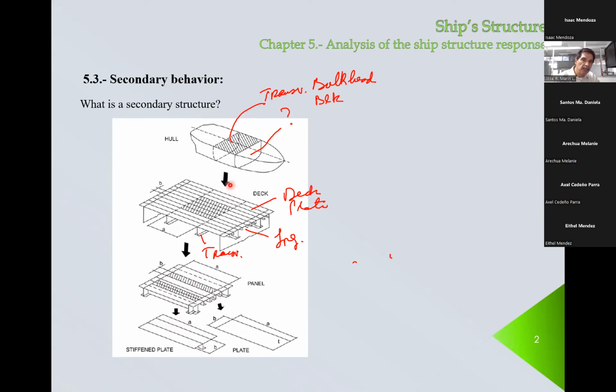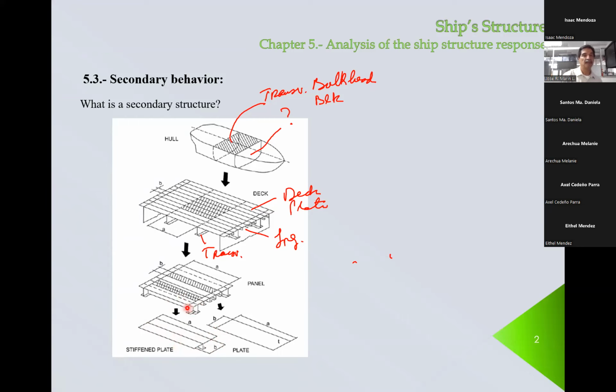So instead of considering the whole thing, what you could do in a very simplified way, you could consider one single longitudinal stiffener, which is smaller. You could assume it as clamped here and here, with part of the plate as effective breadth, and calculate the inertia and calculate the response of this beam, okay?